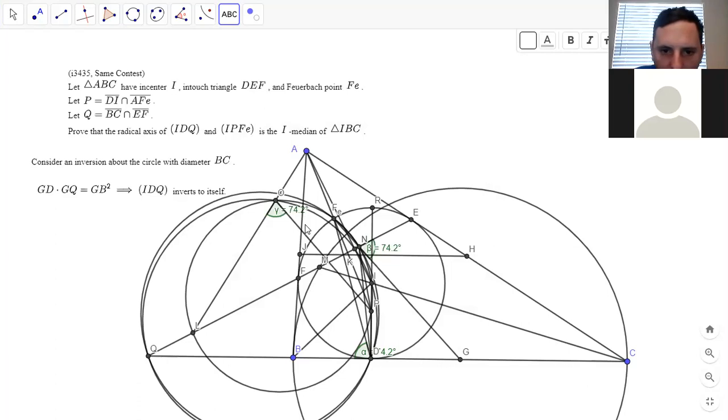And then we also noticed that the circle GDFE is the 9-point circle of BIC.